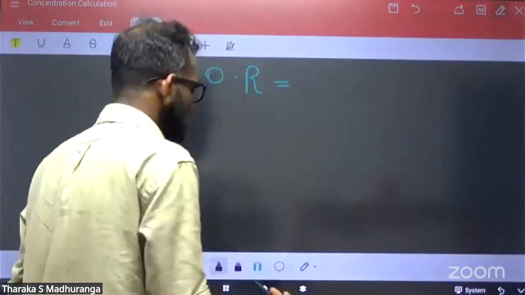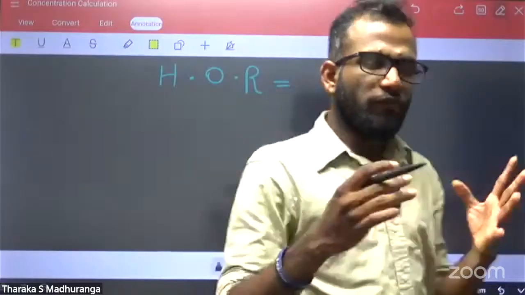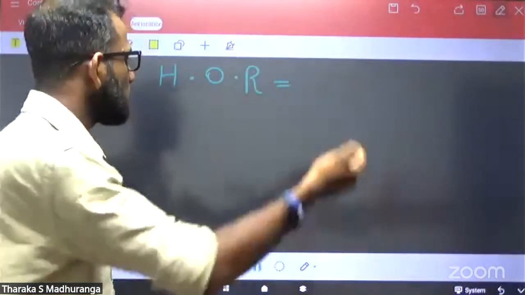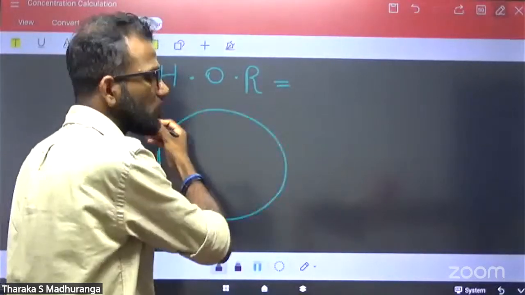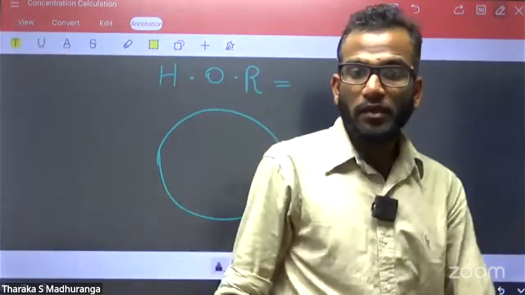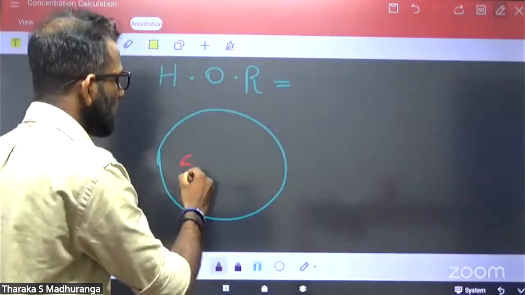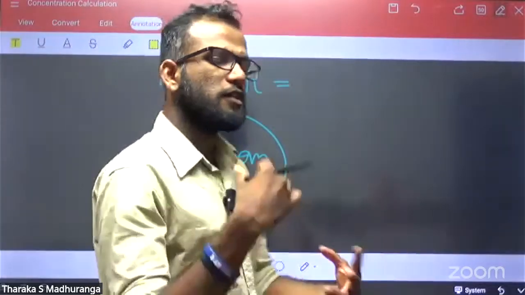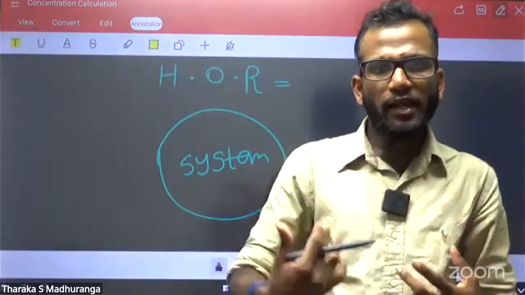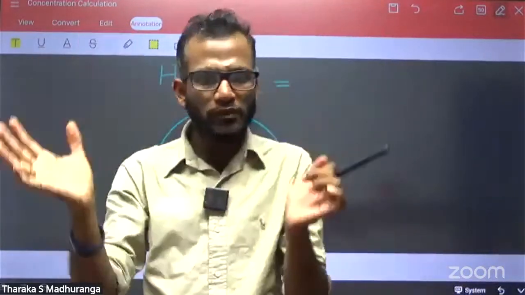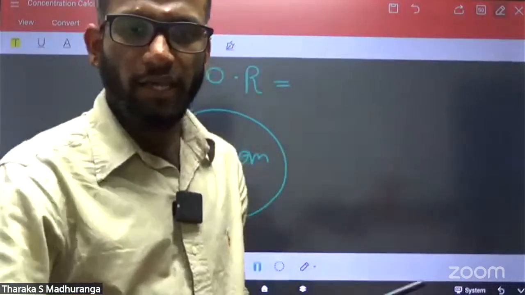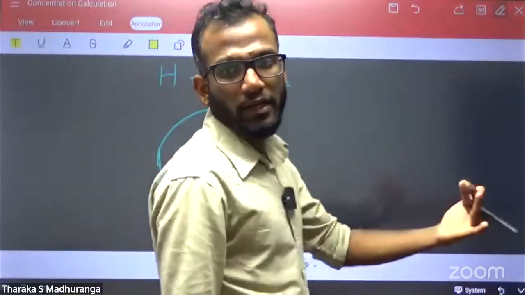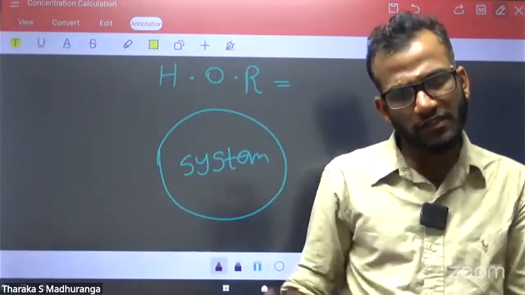In this lesson, we always think chemical reactions take place in a system, whether open, closed or isolated. I think you can remember that a system is any area selected for study from the universe. Any selected area from the universe for a particular study, we call a system.